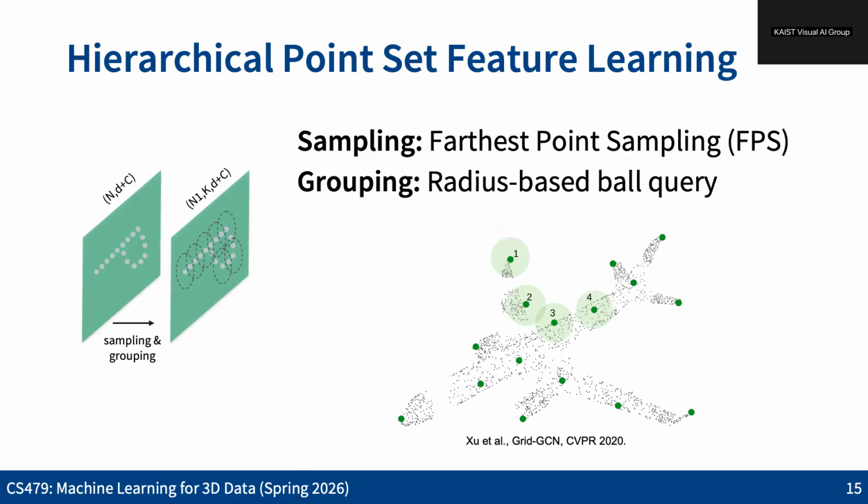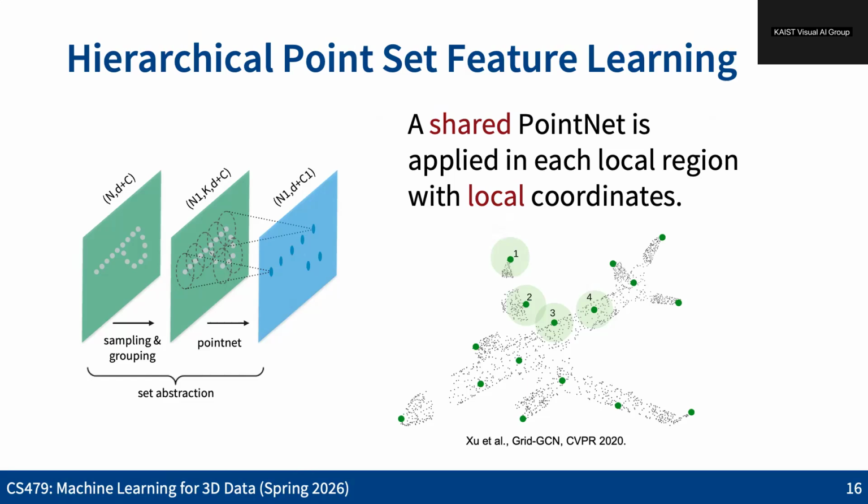Then we can repeat this process. This also means we have a shared PointNet, because we don't have indexes here. We have one single PointNet that performs for this region and the other regions as well. And then we can repeat this for the upper level as well.